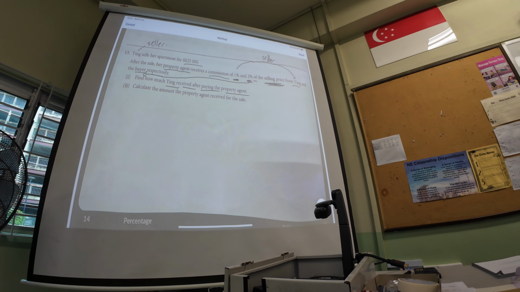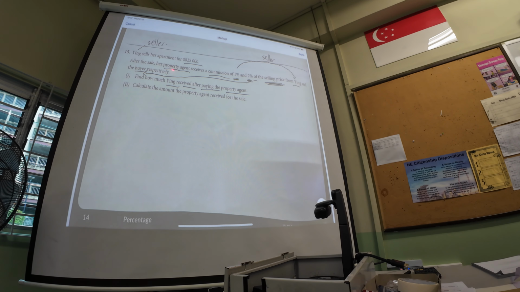When I'm the seller, I want to sell as expensive as possible. When I'm the buyer, I want to buy as cheap as possible. So there is a conflict of interest. So now an agent can only work for either the seller or the buyer, not both at the same time. So this question is a bit outdated already. But no choice. The question asked like that, we answer like that.